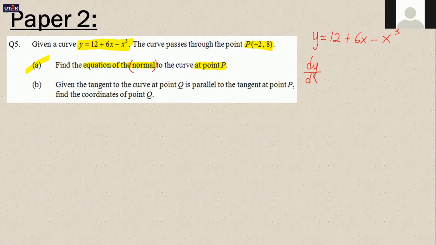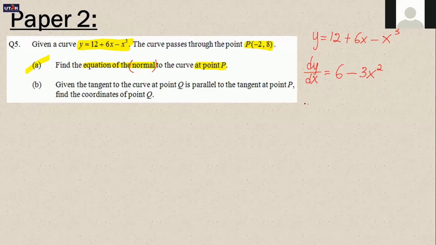So dy over dx, we differentiate here, got three terms. We differentiate term by term, right? Differentiate the first term, a constant, we get 0. Then differentiate the second term, 6x, we have 6. Differentiate the third term, x to the power 3. We bring down the power, less 1. So we have negative 3x squared, right?